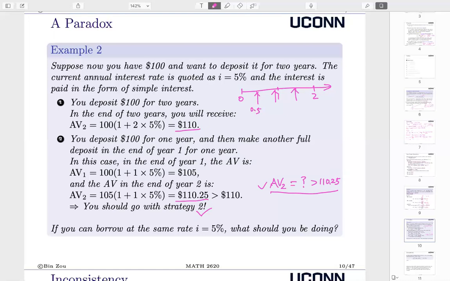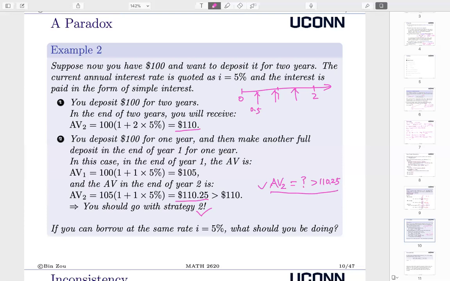Because according to this example, the worst case is you make the deposit for the entire 2 years. Then the slightly better option is to make the deposit for 1 year and then do 2 deposits, okay? And even better is to do a deposit for only 6 months, but you need to go to the bank 4 times, right? And then you can take it to another level.